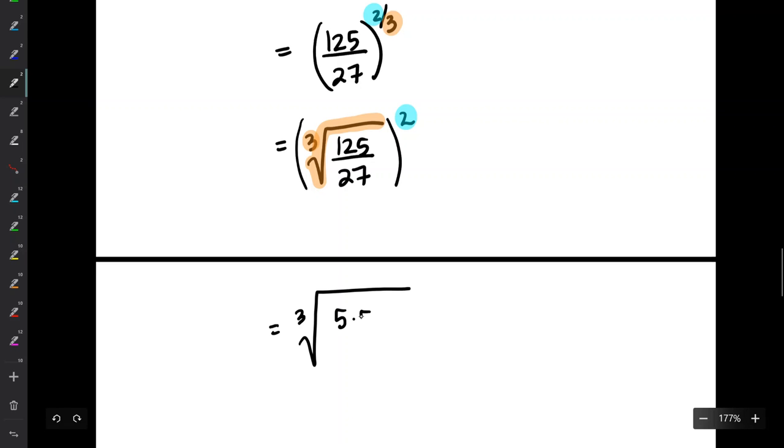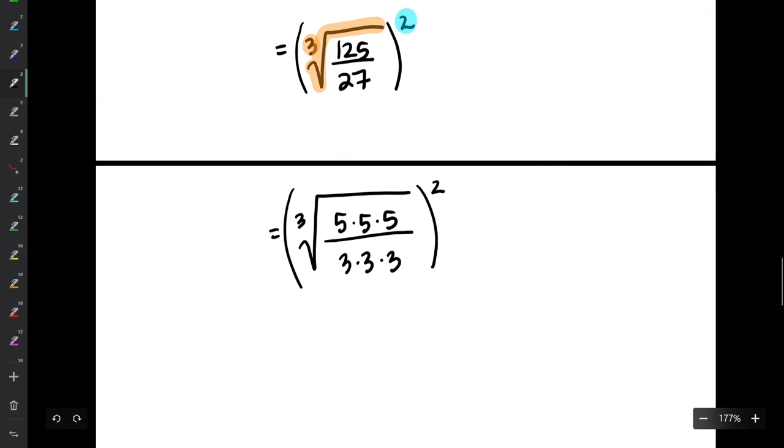125 is 5 times 5 times 5, it's 5 cubed. And 27 is 3 times 3, which is 9, times another 3, which is 27. This is extra writing, but I'm just trying to make it real clear.